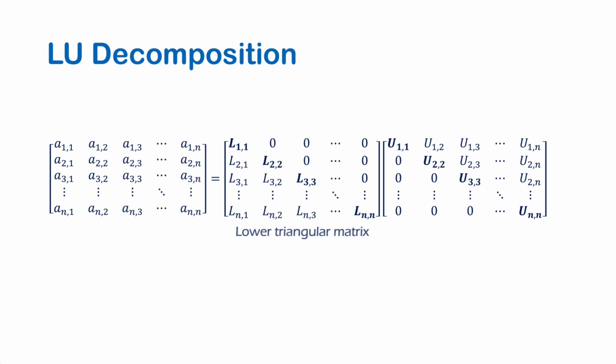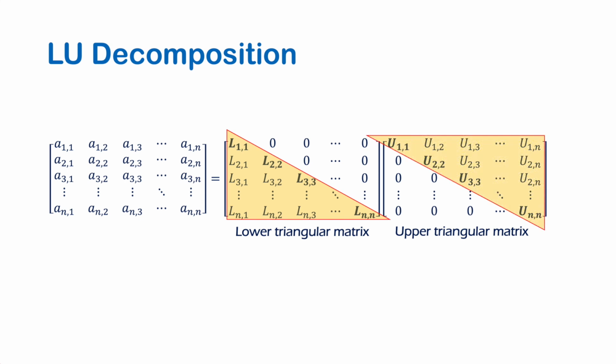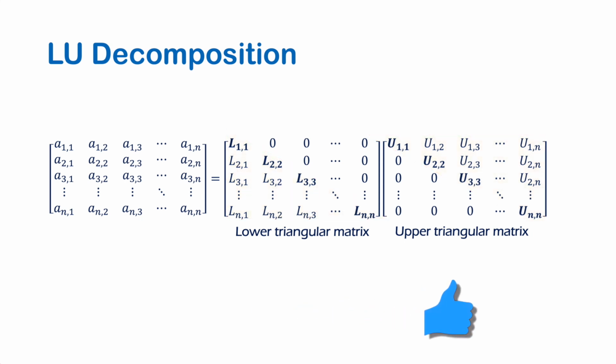The first is called the lower triangular matrix, in which all non-zero elements lie on and below the main diagonal. The second is called the upper triangular matrix, and it has all non-zero elements on and above the main diagonal. This operation can be written in a simpler notation, such that the matrix A is equal to the inner product of L and U.